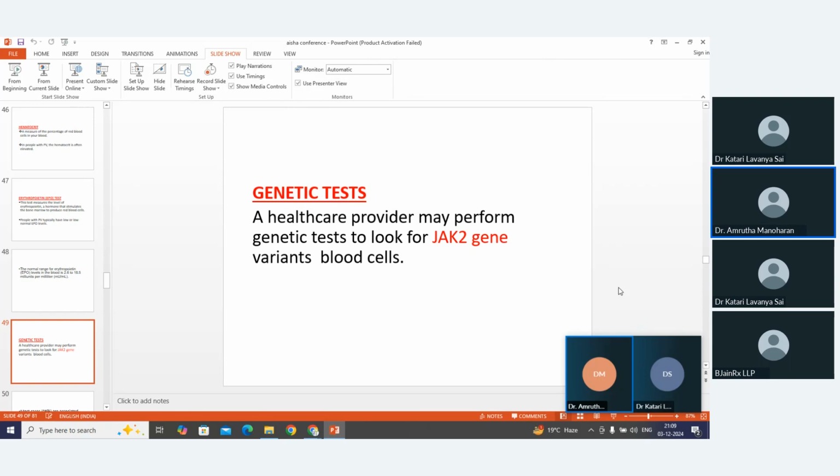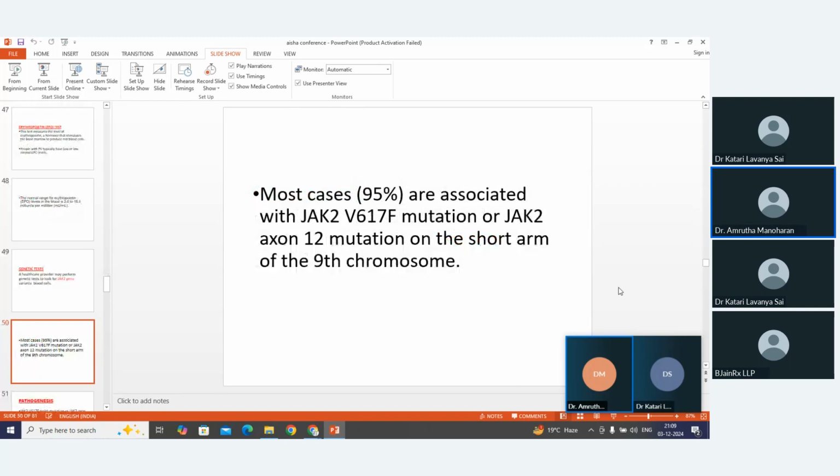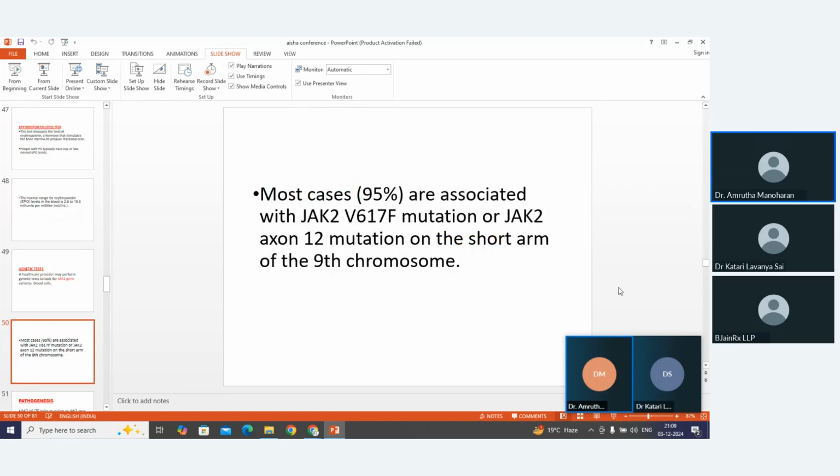So the JAK2 signaling pathway has a problem. There occurs increased proliferation and differentiation of hematopoietic progeny. When there is a problem with the JAK2 gene, there will be increased proliferation of cells, which can lead to increased granulocytes and platelets. So in most clinical cases, the symptoms may be related to an absolute increase in cell mass.